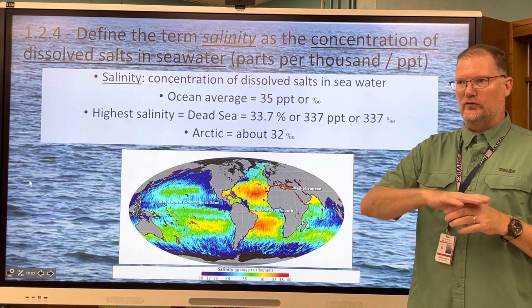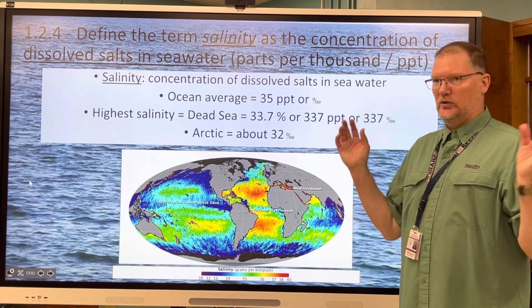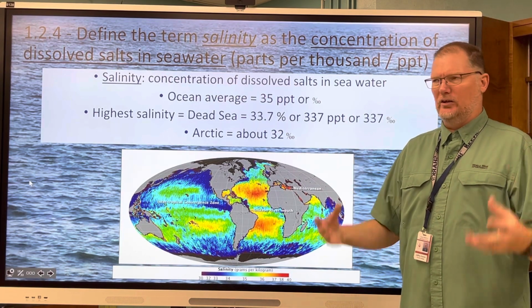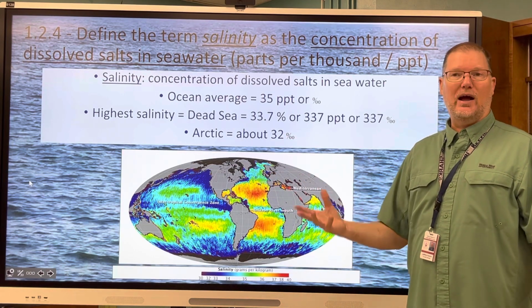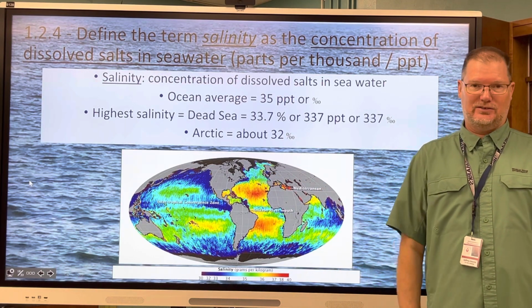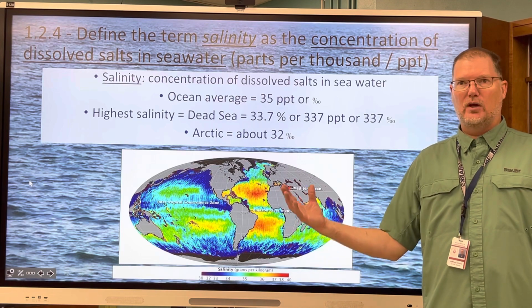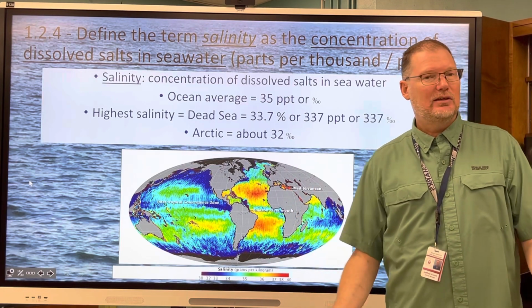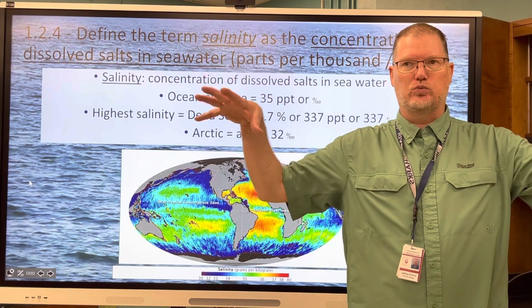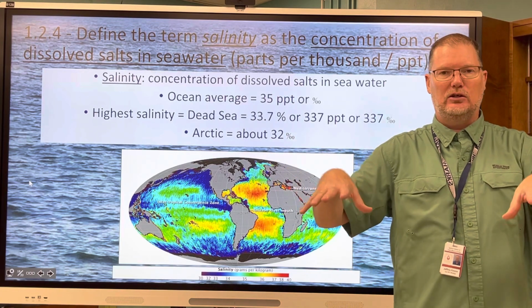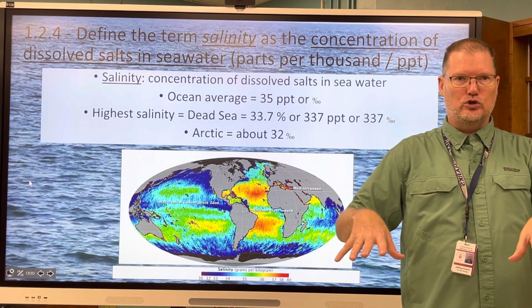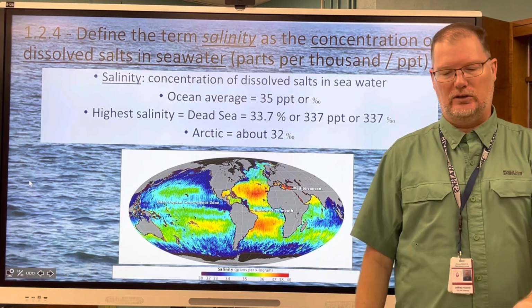And it'll be a salt flat someday, unless we somehow get more water in the area. And in the Arctic, why is that the least salty? If you said because of melting ice, then you are correct, because all that fresh water is being added into the ocean, which is reducing the salinity. Okay.